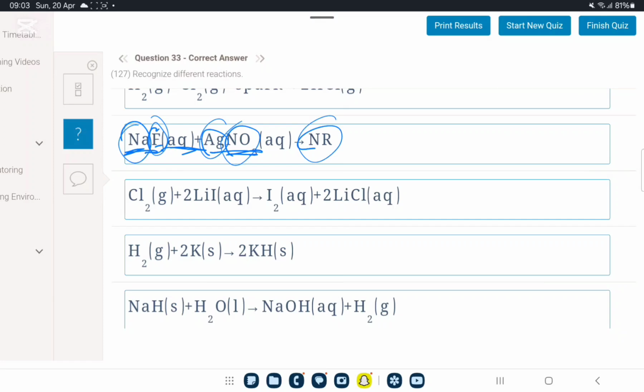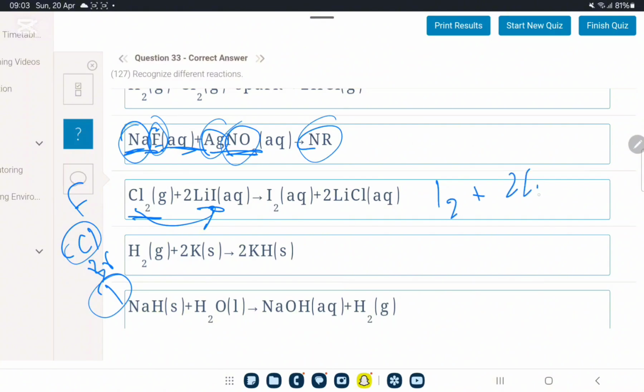We see if the Cl is more reactive than the I, so it's F, Cl, Br, and I. Cl is more reactive than I, so Cl displaces I and they replace each other. So now it's I2 plus 2LiCl.